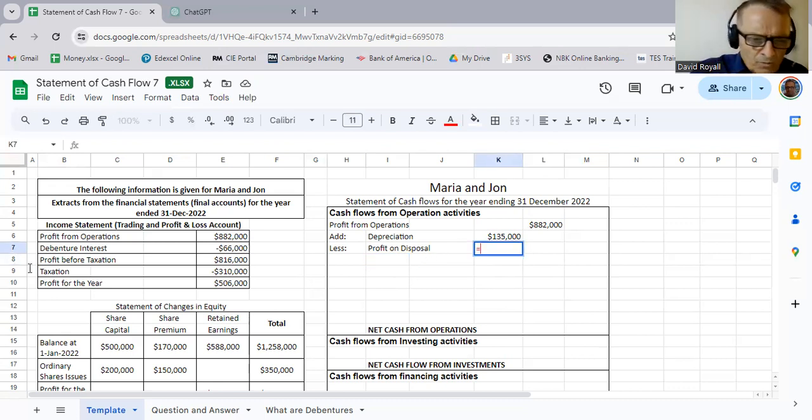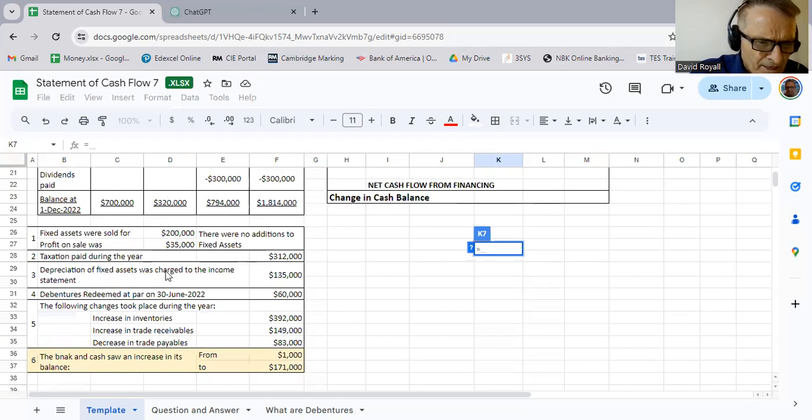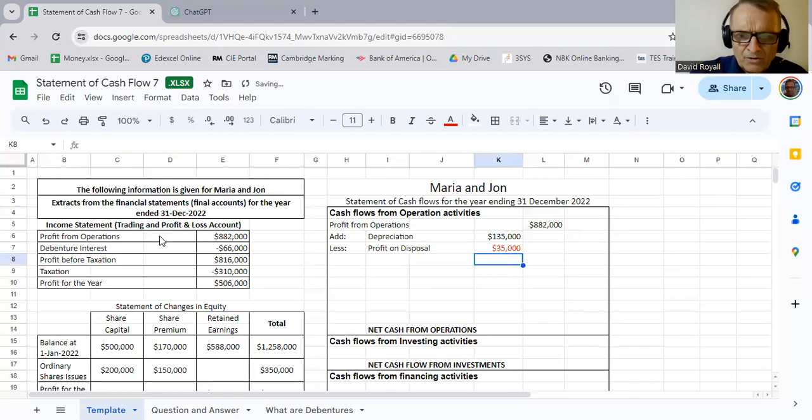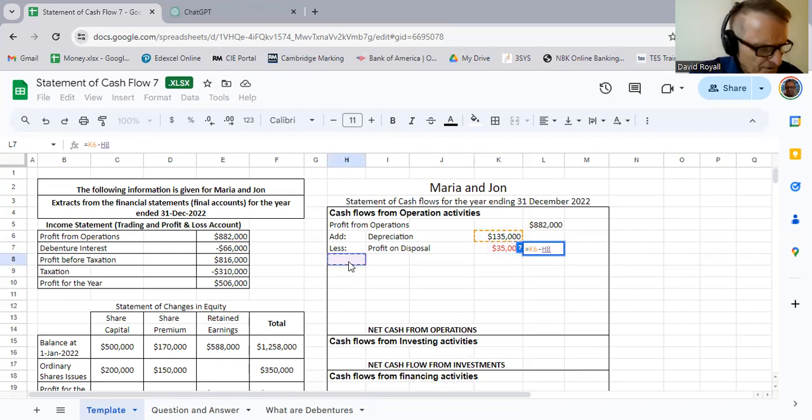So what was the profit on disposal? Again, if you read the data, you'll pick that up quite quick. Here it is. I've done that in red to indicate I'm going to take that figure away. So here we go, 135 minus the 35. Right, we move on.